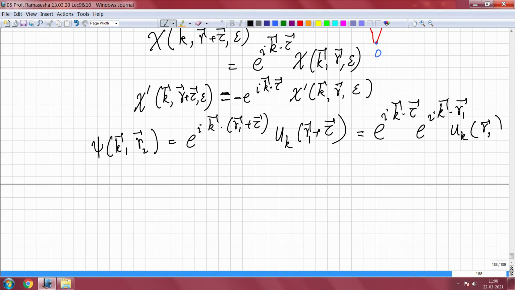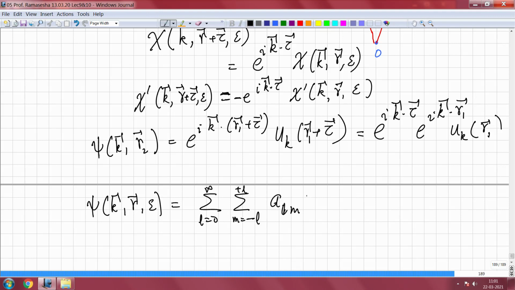So if this is the case, we have psi k r comma epsilon written as sigma over L equal to 0 to infinity, sigma over m equal to minus L to plus L, A_LMK times chi_Lm epsilon comma r.